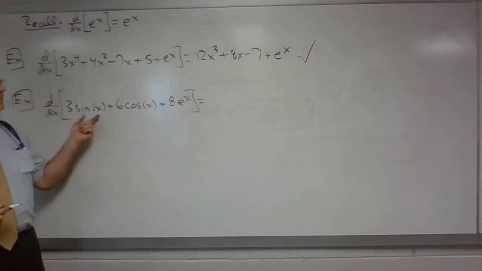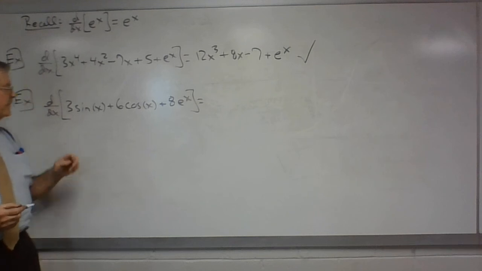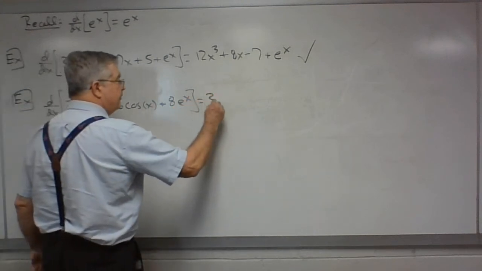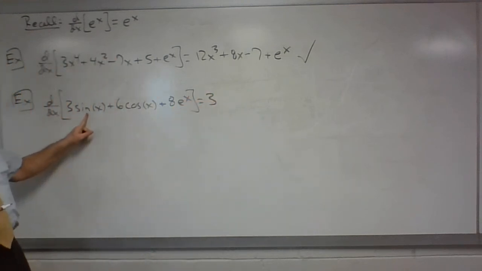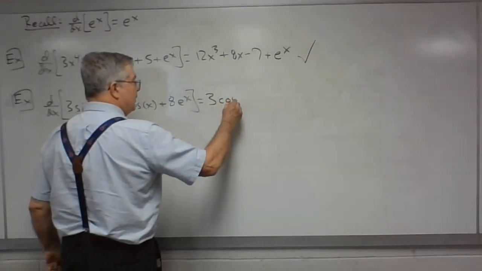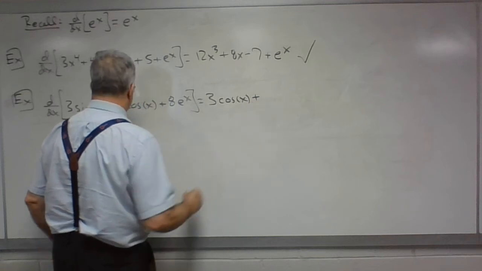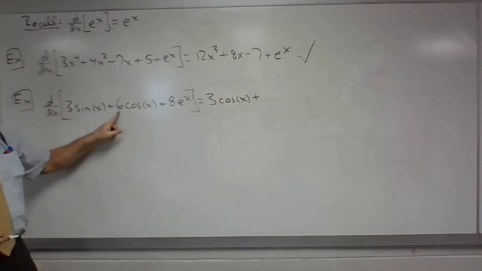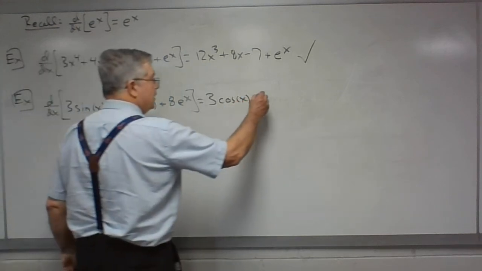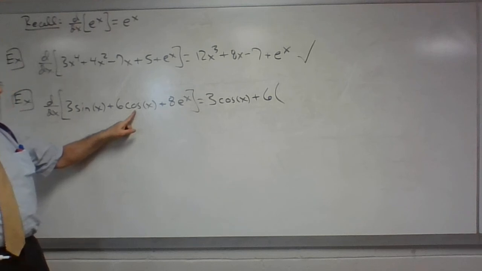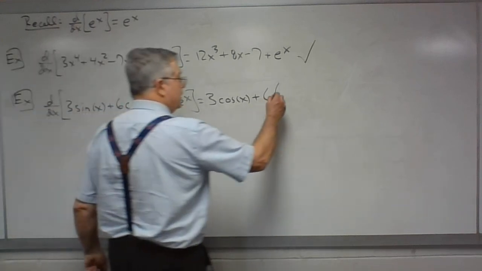Again, we compute the derivatives one term at a time. And to compute the derivative of 3 sine of x, we write down the constant. And then we compute the derivative of the function sine of x. To compute the derivative of 6 cosine of x, we write down the constant. And then we compute the derivative of the function cosine of x.